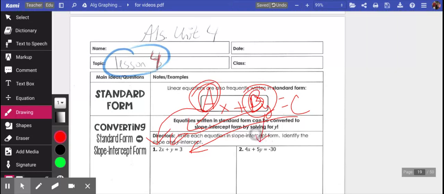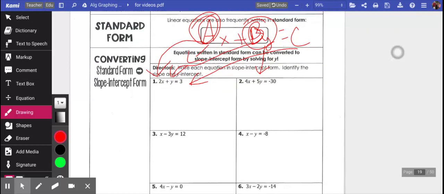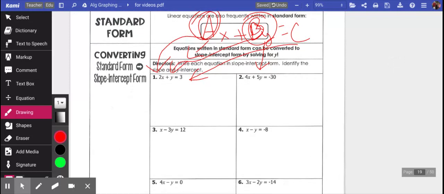So this one would be a 5. When we have them in this form, we want to convert them to slope-intercept form, and later on we're going to be graphing them, so that will make sense why it's important to be able to do this.